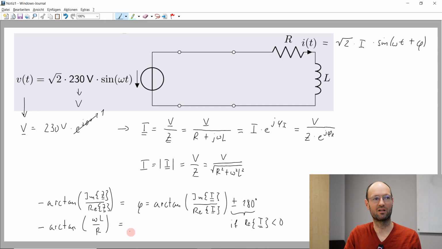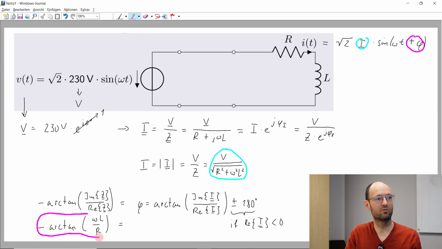So we could just write it like this. Now I could say, okay, this is voltage divided by square root of R squared plus omega L squared, and the phase is minus arcus tangens of omega L divided by R. And so I could insert this term here, and for the phase angle at this position, I could insert this term here.